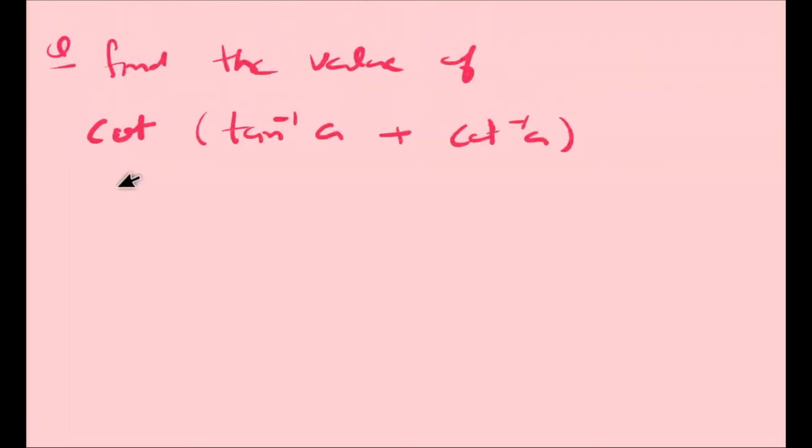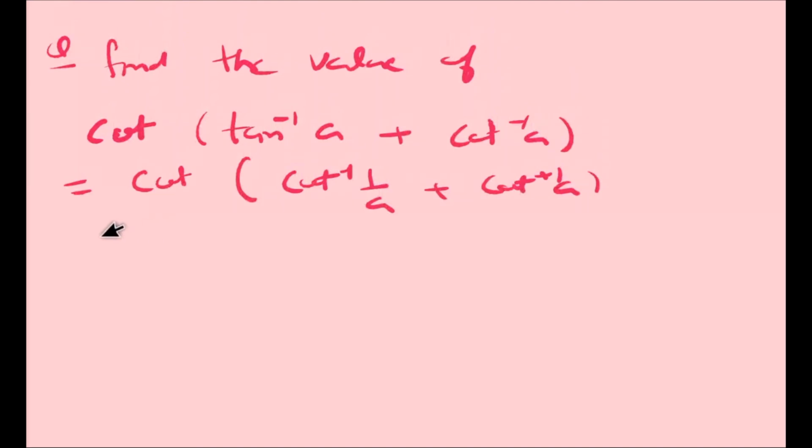So what formula do you want to use? First we write this in cot inverse. So we know that perpendicular upon base, base upon perpendicular. Okay, so now we can use this formula this way. Cot inverse cot, and here is the formula cot inverse.